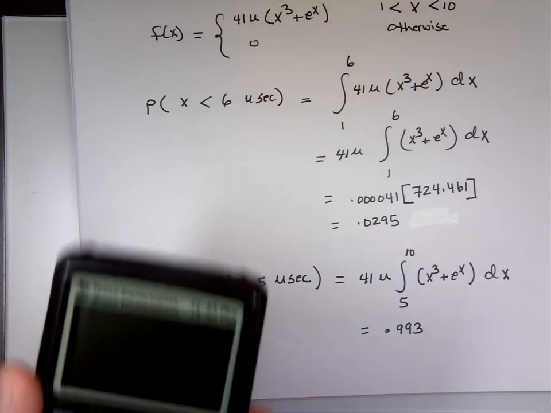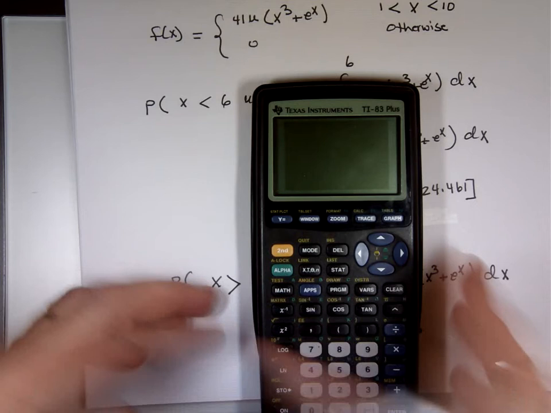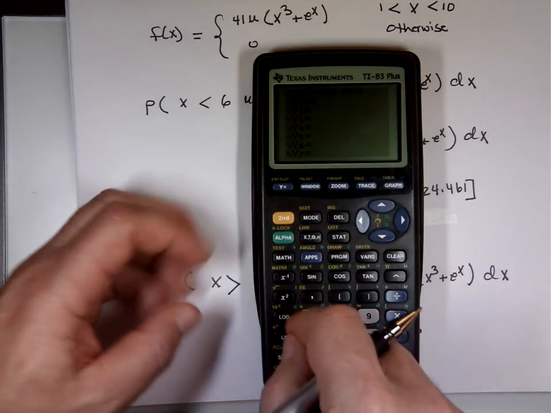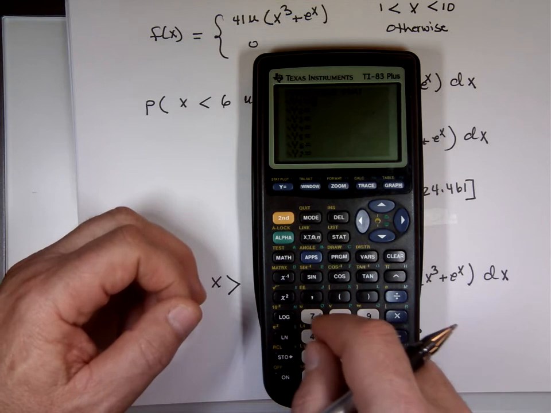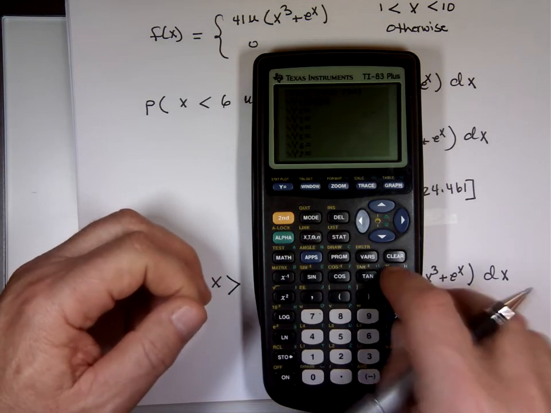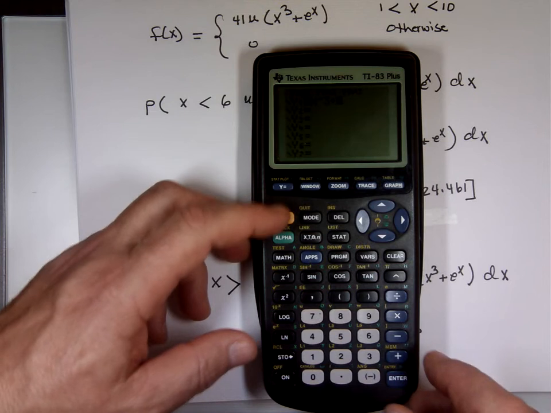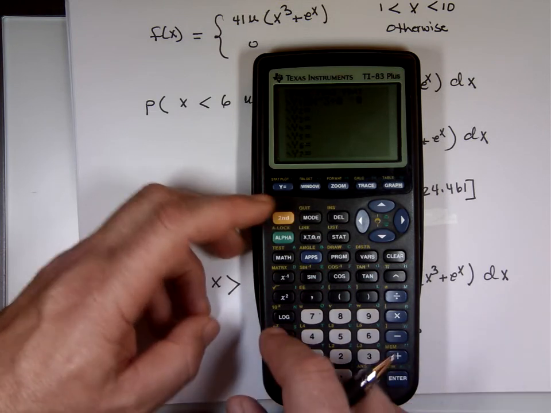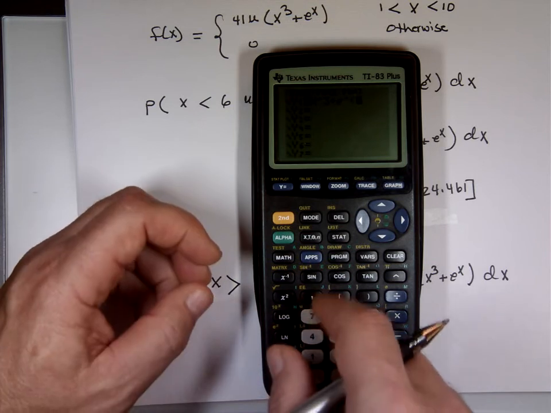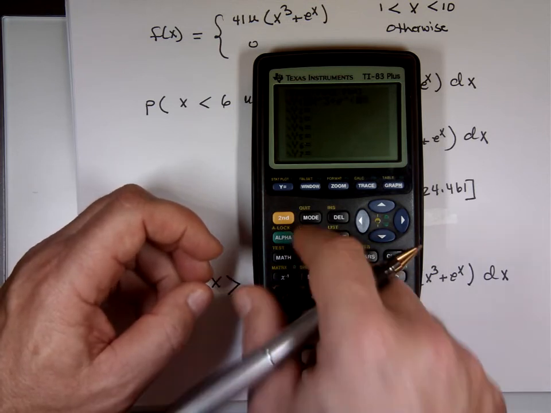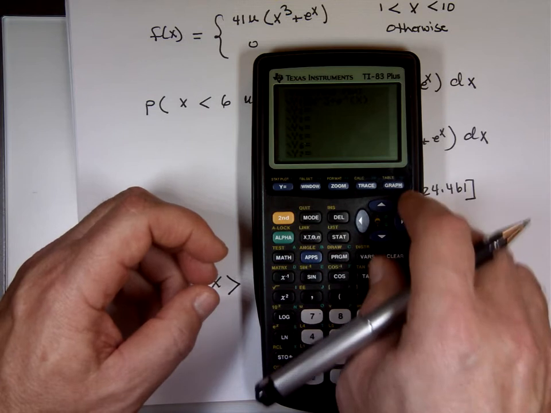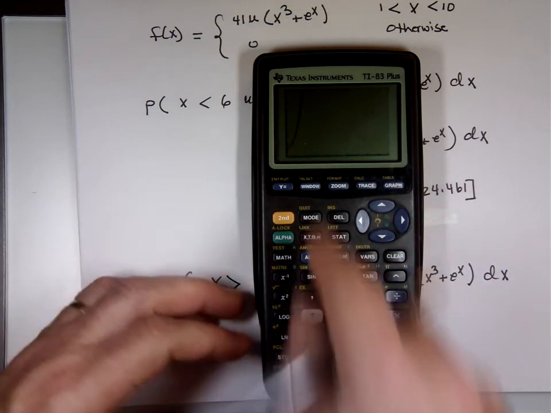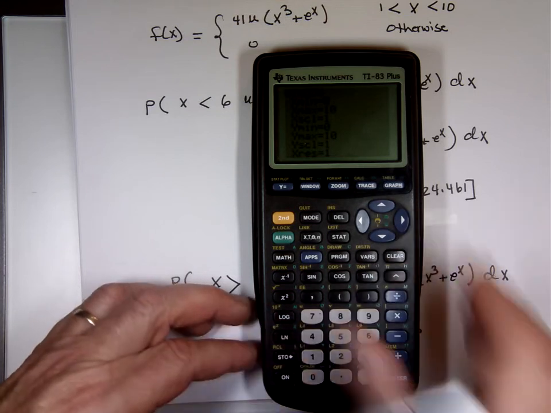If I graph x cubed plus e to the x, y sub 1 equals x cubed plus e to the x, and let me graph it, window. I want x to go from 1 to 10.